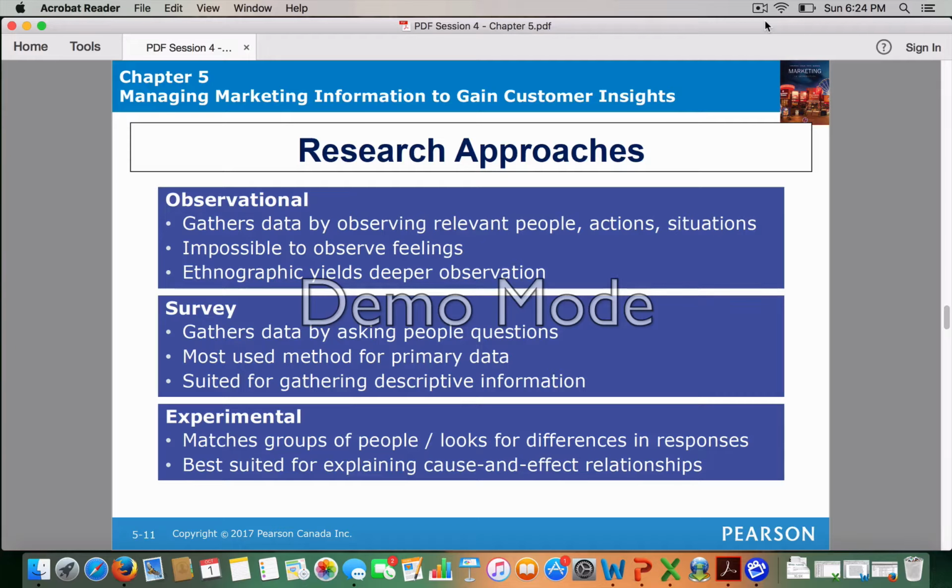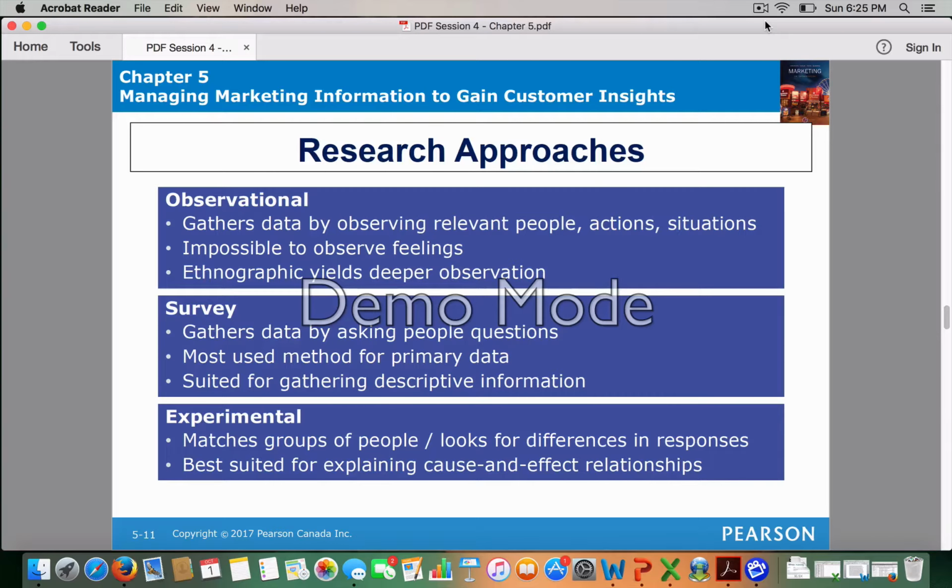For example, in a grocery store, you could have an observer in the cereal aisle who records what kind of cereal people buy and gathers some often obvious, though not always obvious, demographic information about them: their gender, roughly what their age happens to be, that sort of thing.